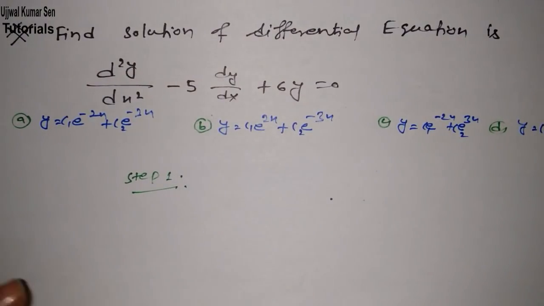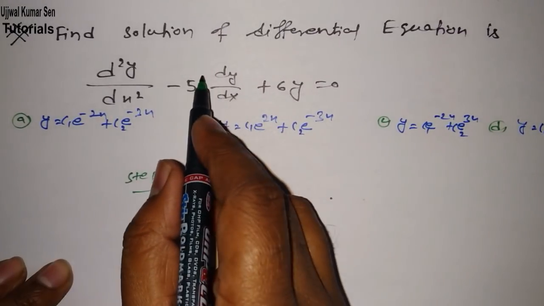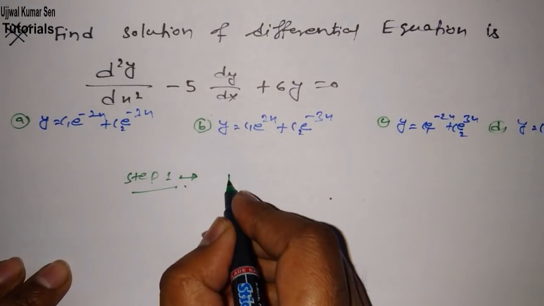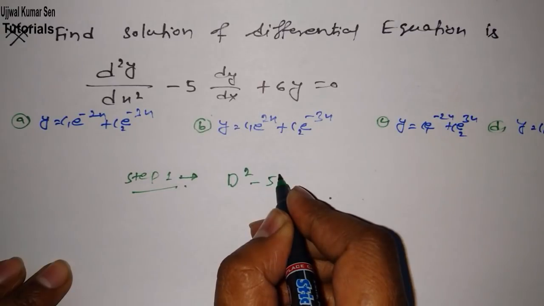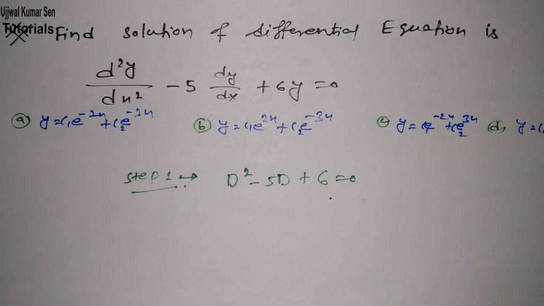The next step is to convert this into the auxiliary equation, that is d square minus 5d plus 6 is equal to 0. This is known as the auxiliary equation. Probably you have heard about this type of equation before and have gone through it.